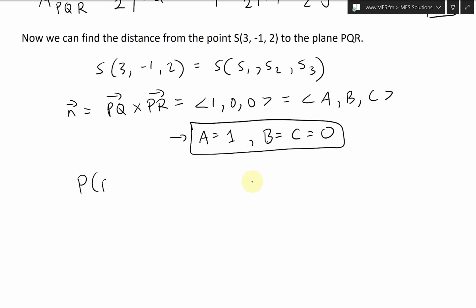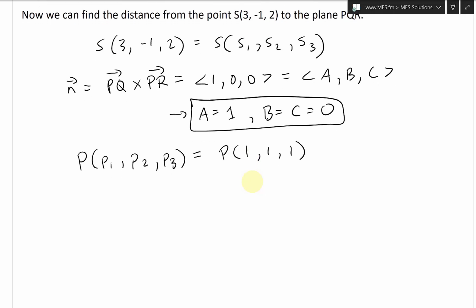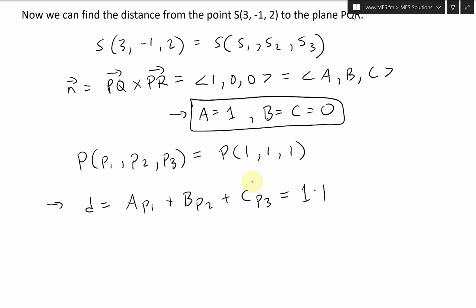So P is P1, P2, P3, which equals 1, 1, 1. So we have that. Then this means that the lowercase d is equal to A P1 plus B P2 plus C P3, and A is again just 1, so 1 times 1 plus B times 0, plus C times 0. This equals 1, like that.